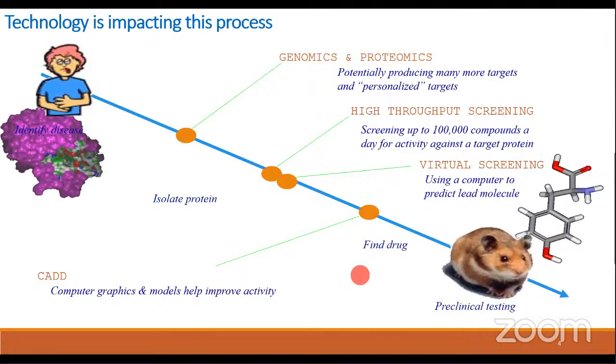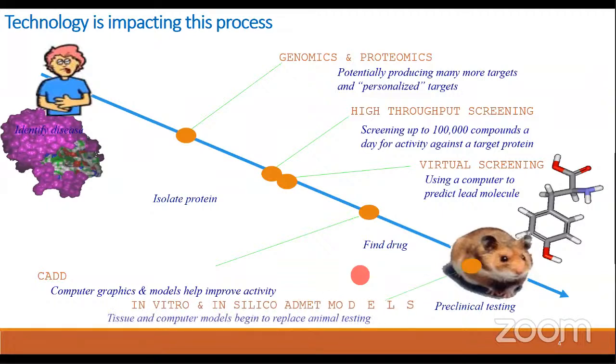Then we come to CADD. This is where we use computer-aided drug design methods like molecular docking, molecular dynamics, QSAR, and pharmacophore modeling. Using all those methods, we can shortlist some compounds. And finally, we can use in vitro and in silico ADMET models.